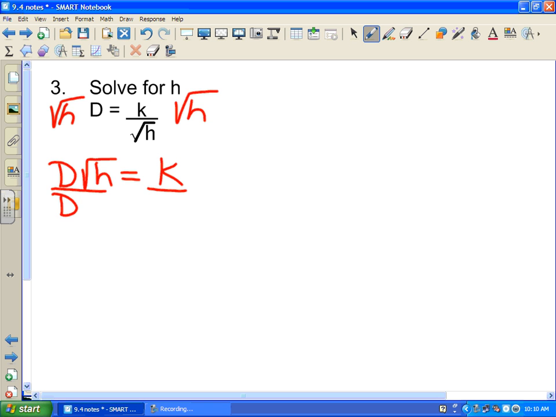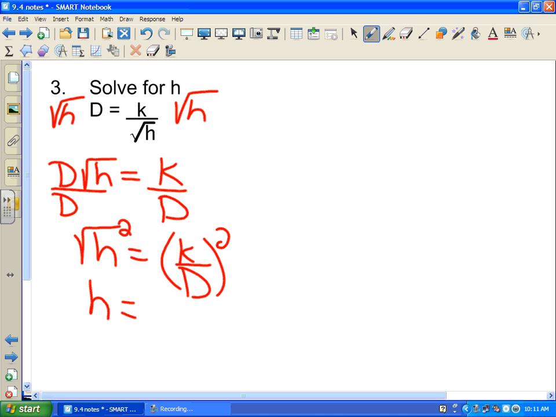Right. It's a square root, so to get h by itself you would do the opposite, which is squared. And you have to square everything on the other side. The easiest way to do this is just write it in parentheses. Like so. K over d squared. Yeah, that's it.